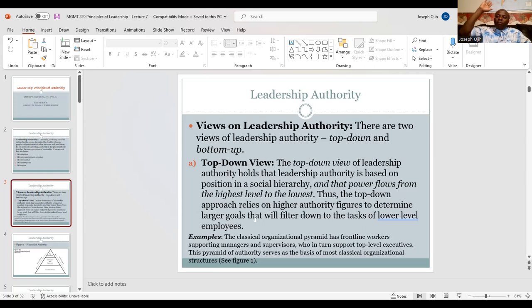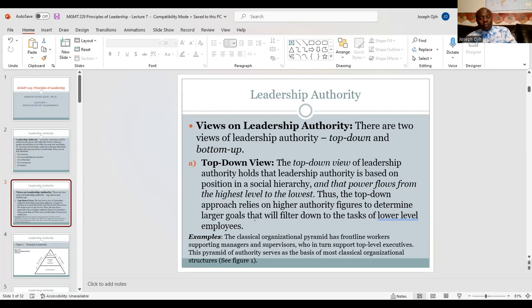So if you have a CEO, then an HR manager, then supervisors, and then field employees, floor employees, authority flows from top to bottom. This top-down view relies heavily on higher authority figures to determine the larger goals.